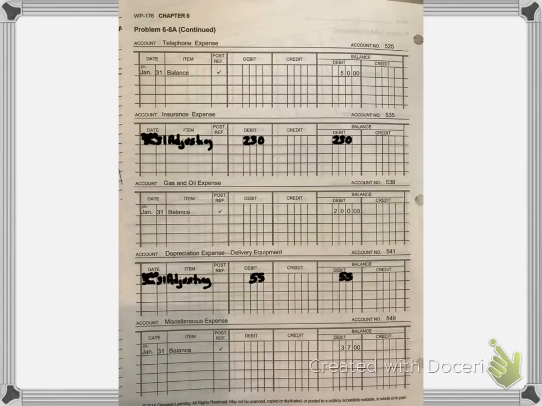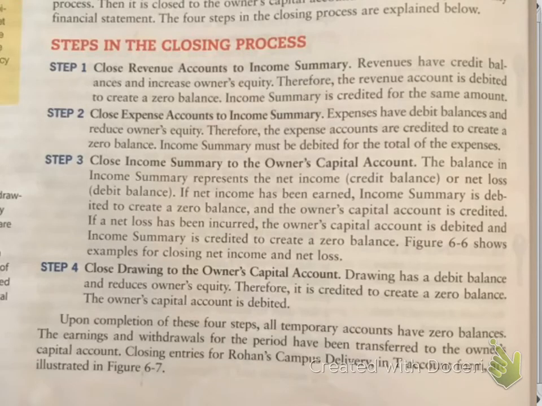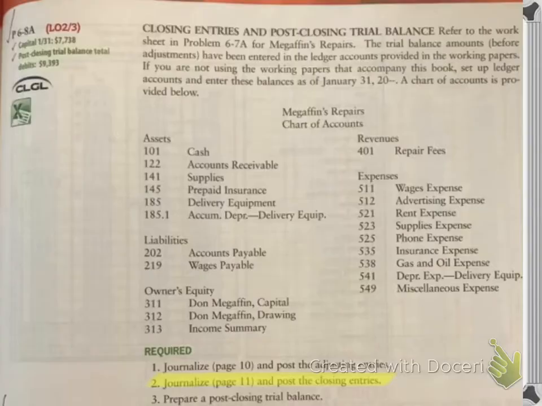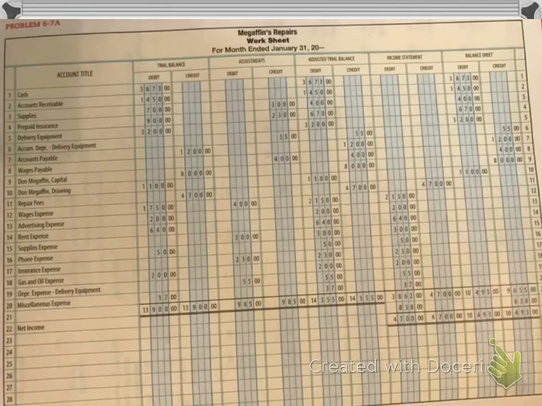Okay, step 4, the last step in the closing process is to close drawing to capital. Drawing always has a debit balance. So here we see that drawing has a debit balance of $1,100, and it tells us to close drawing to capital.